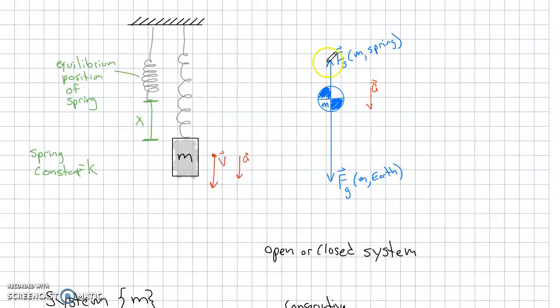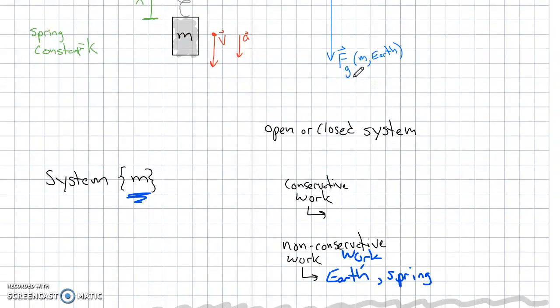We have no other forces that we've considered acting on this system of m. So conservative work, there really is nothing done by any external agents, and everything pretty much would be internal to the mass itself. So this would be things like thermal energy and things like that.